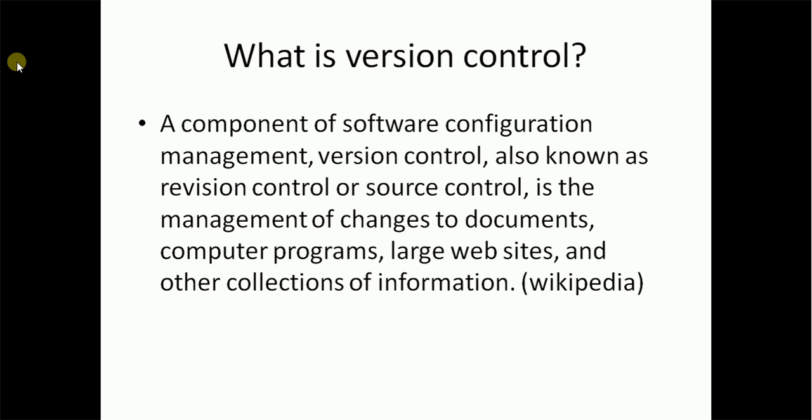Software configuration management, revision control, source control: these are the terms used in this definition to show that version control is all about managing changes to documents, computer programs, very large websites, and generally collections of information.